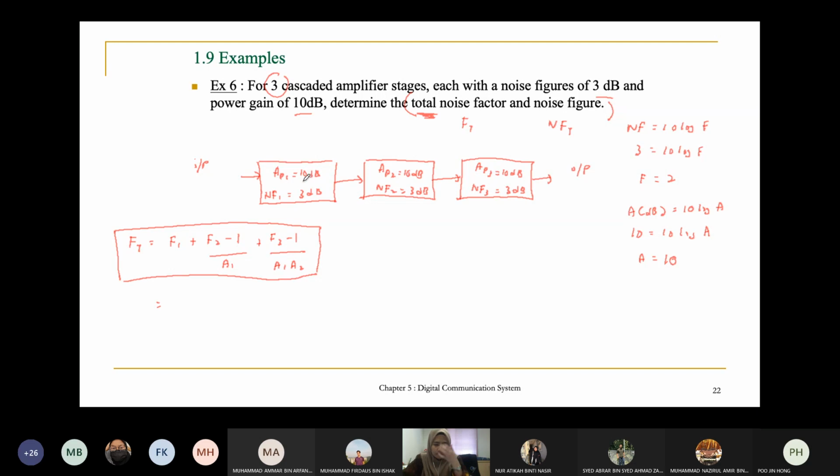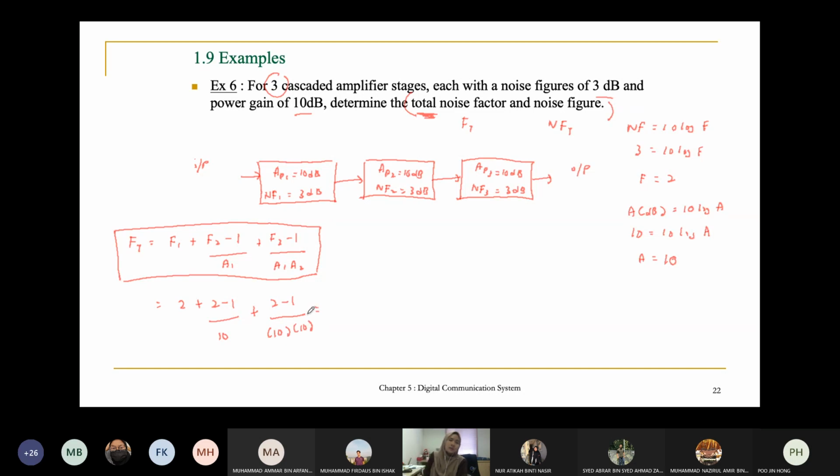F1 is 2 plus 2 minus 1 divide by 10 plus 2 minus 1 divide by 10 multiply with 10.